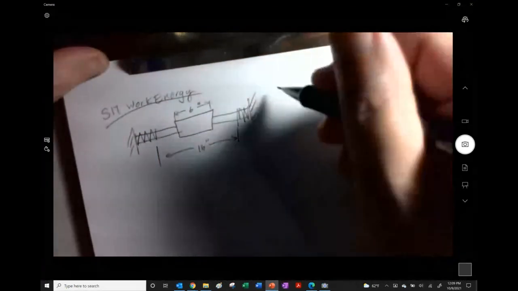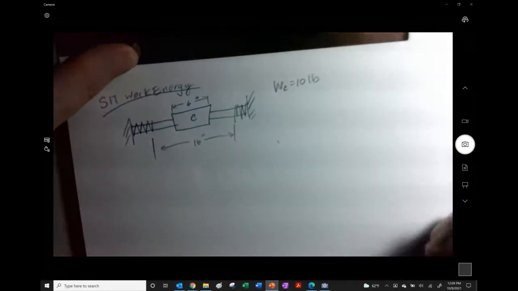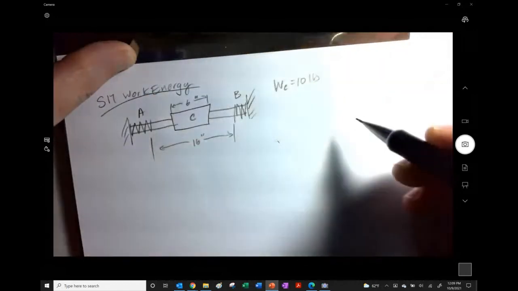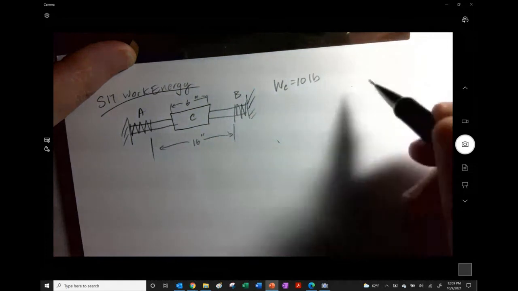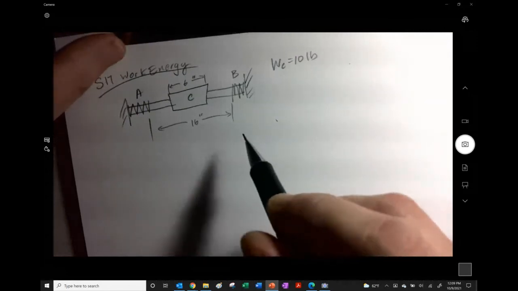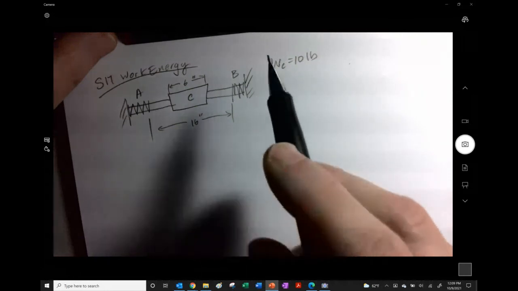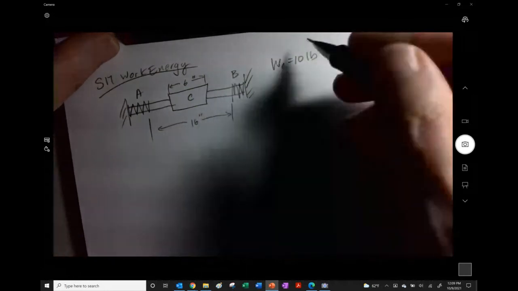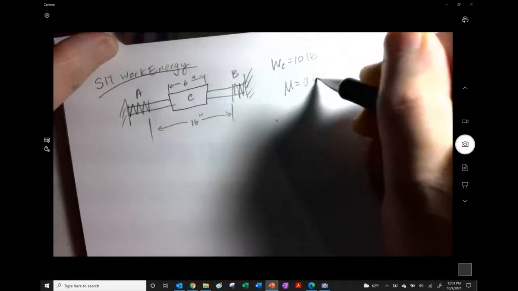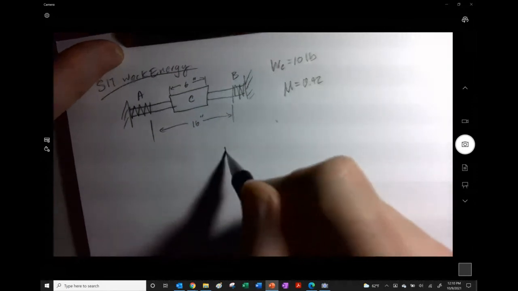And this is a 10-pound collar, so the weight of C is 10 pounds, and it swings between A and B. If the spring is pushed to the right until spring B compresses 2 inches and released from rest, determine the distance through which the collar will travel if the coefficient of friction between the collar and the rod is 0.42.